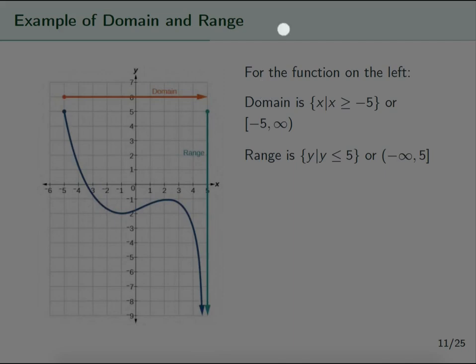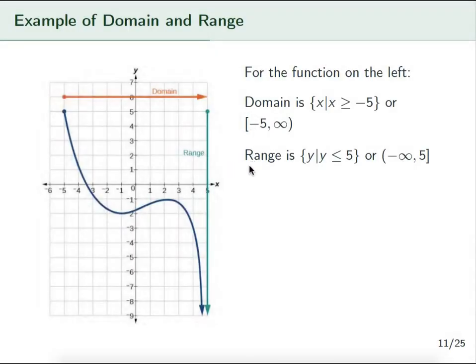So the domain is x such that x is greater than or equal to -5. Because it's a closed circle, that means we include -5. So this is set builder notation. In interval notation, it will be -5 to infinity. And next to infinity, we always put parentheses because technically infinity is not a number. So we cannot actually include infinity. It's just showing the trend that the number is bigger than -5 and anything bigger than -5, including -5.